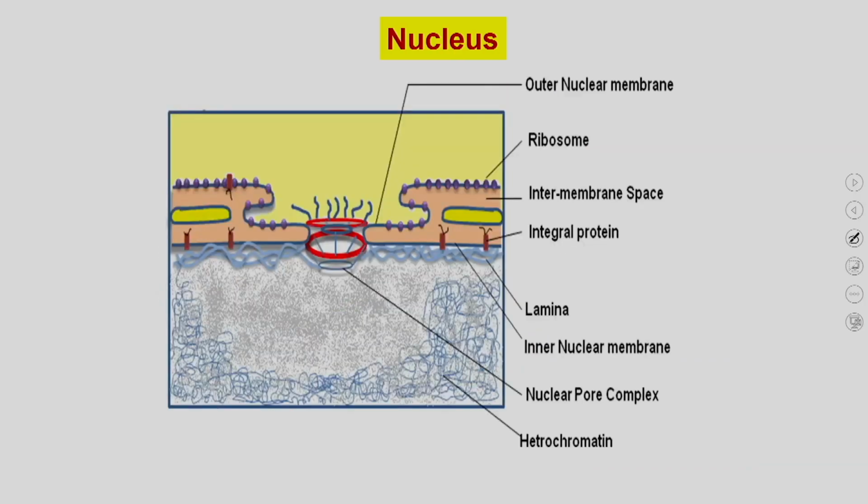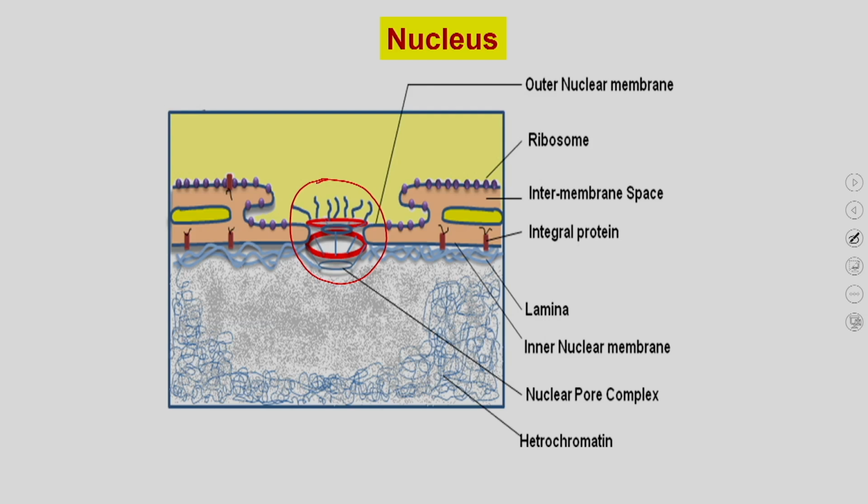A typical nucleus has the outer membrane as well as the inner membrane, and inside that you have the genomic content, and then you have a nuclear pore complex. This nuclear pore complex regulates the exchange of material from the nucleus to other parts of the cell, and it is very selective.